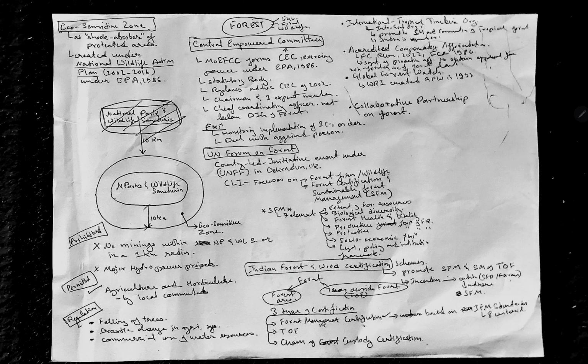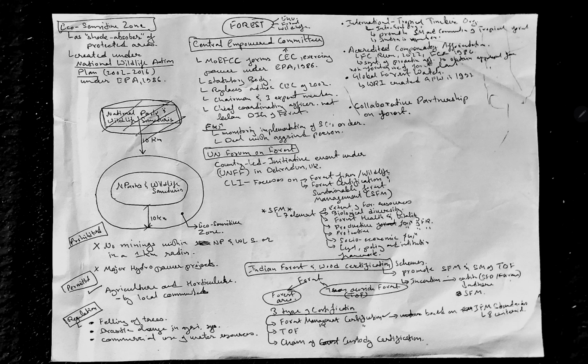Well, now moving ahead, the Indian Forest and Wood Certification Scheme. This promotes sustainable forest management and sustainable management of trees outside forest. See, there are two things: one is forest area, another is trees outside the forest, abbreviated as TOF.